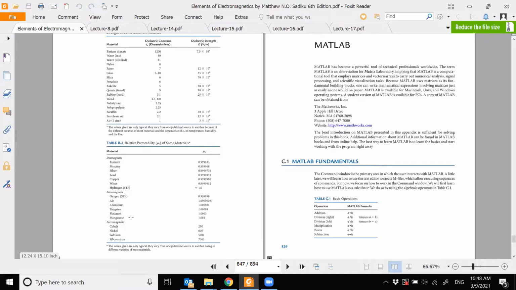Those who are non-magnetic materials, which are the diamagnetic and the paramagnetic materials, have almost mu r equal to 1. And only those materials which are magnetic and classified as ferromagnetic materials have very large value of the permeability. Okay, so this is how you can classify the materials.